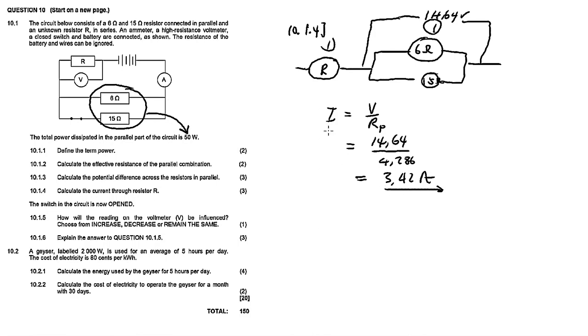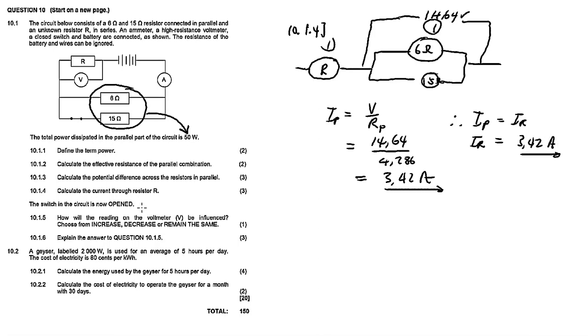So this is the current flow through the parallel connection. Therefore the current through the parallel connection is the same as the current through the R resistor. So therefore IR is equal to 3,42 amperes. So this is our answer.